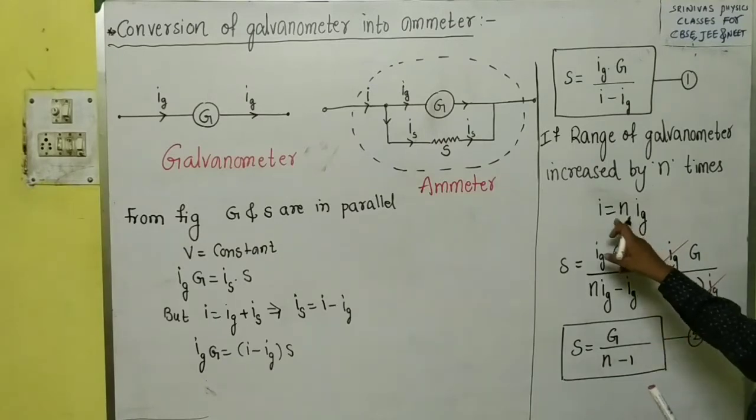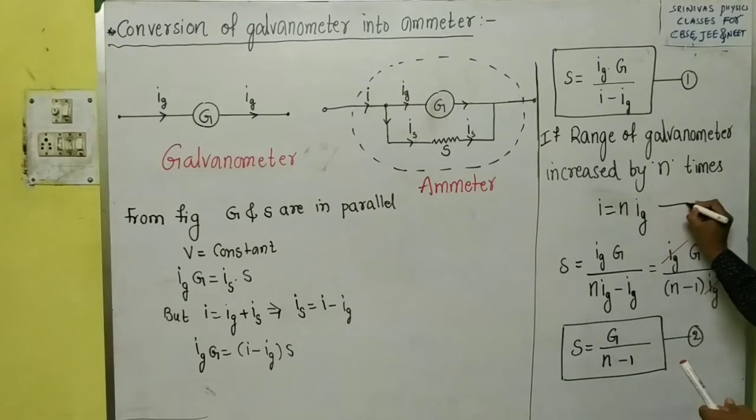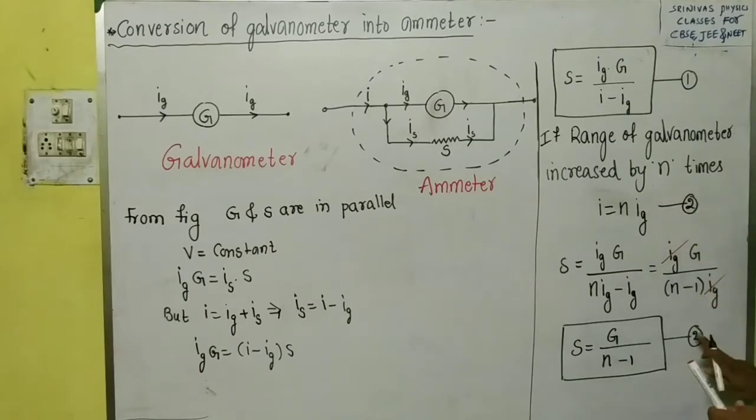This is equation 2 and this we can take as 3, okay. What is n?